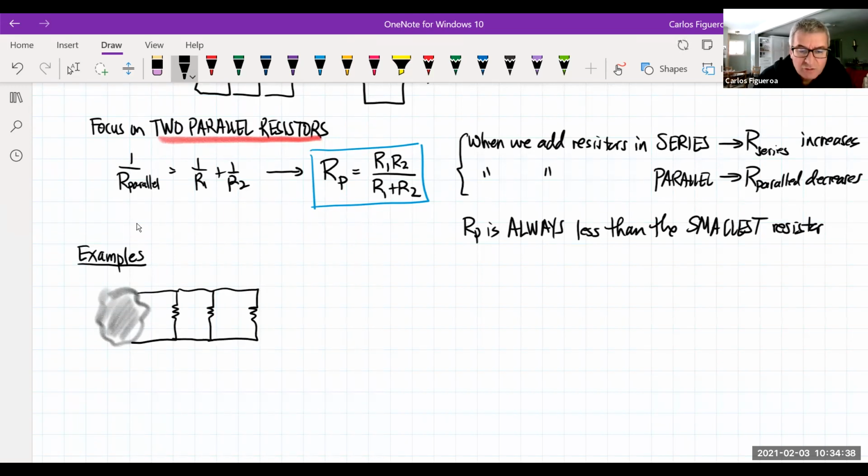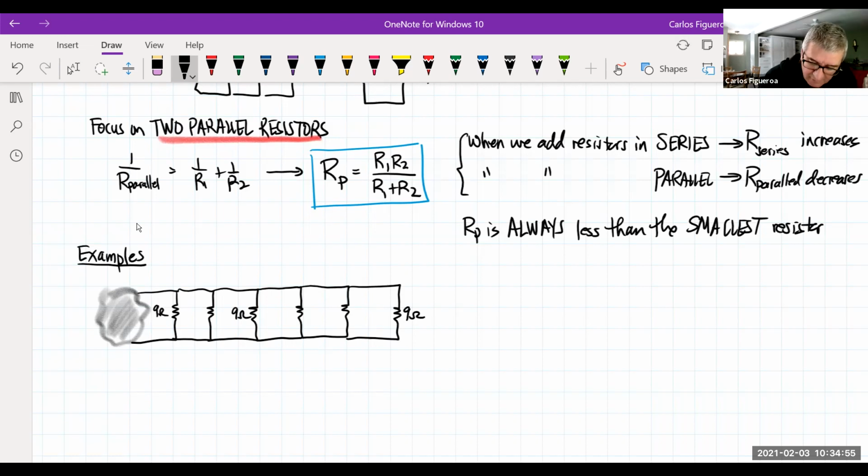Let's say that I have 6 of them, and look how I'm going to write them down. This is 9, and this guy is 9. And then I'm just going to scatter a couple here. Let's say this is 2 ohms, this is 2 ohms, and then this is 5 ohms.